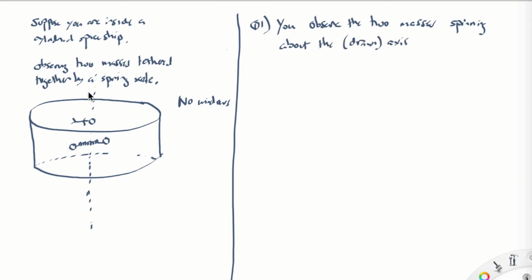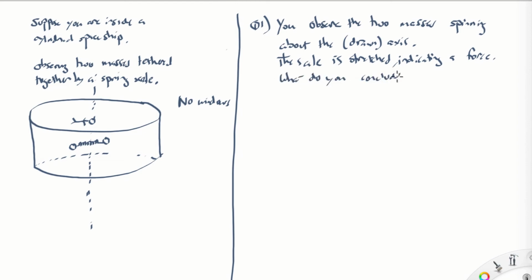So the axis that I've drawn right here. Okay, so you observe them spinning around. And you also notice that the spring scale between them is stretched. So it's reading some force. Okay, so it's stretched, indicating a force. You know, maybe like 20 pounds or something like that. Now, what would you conclude?